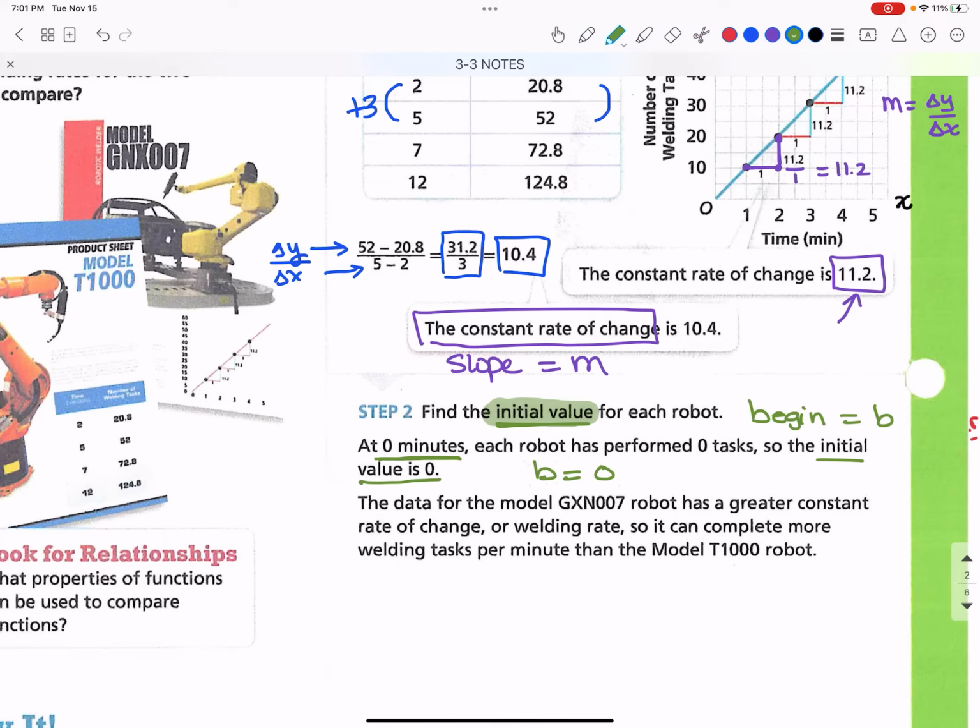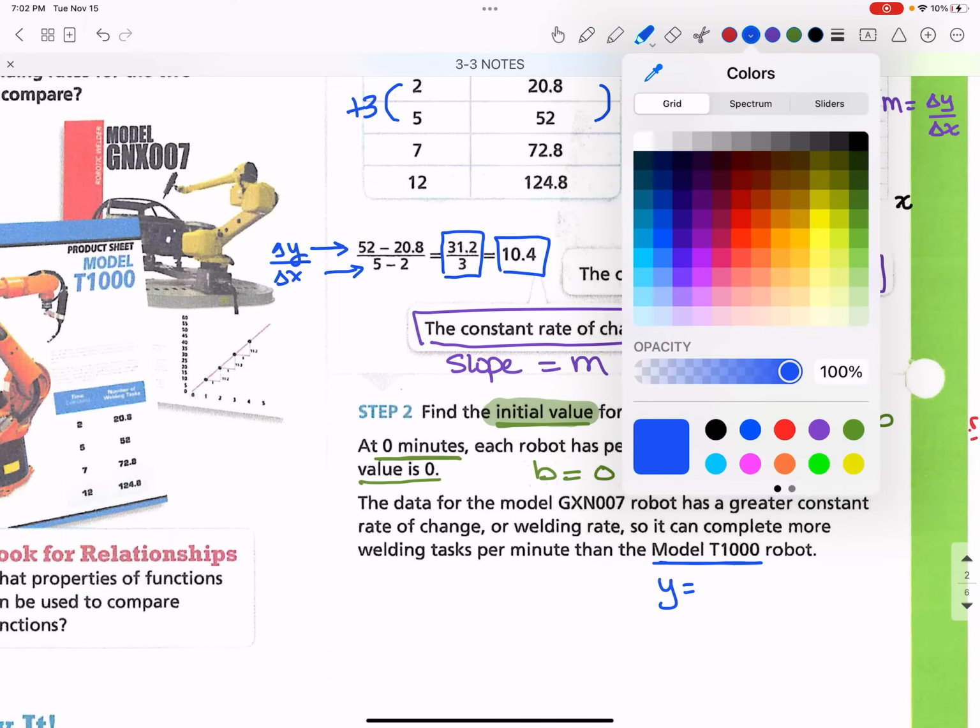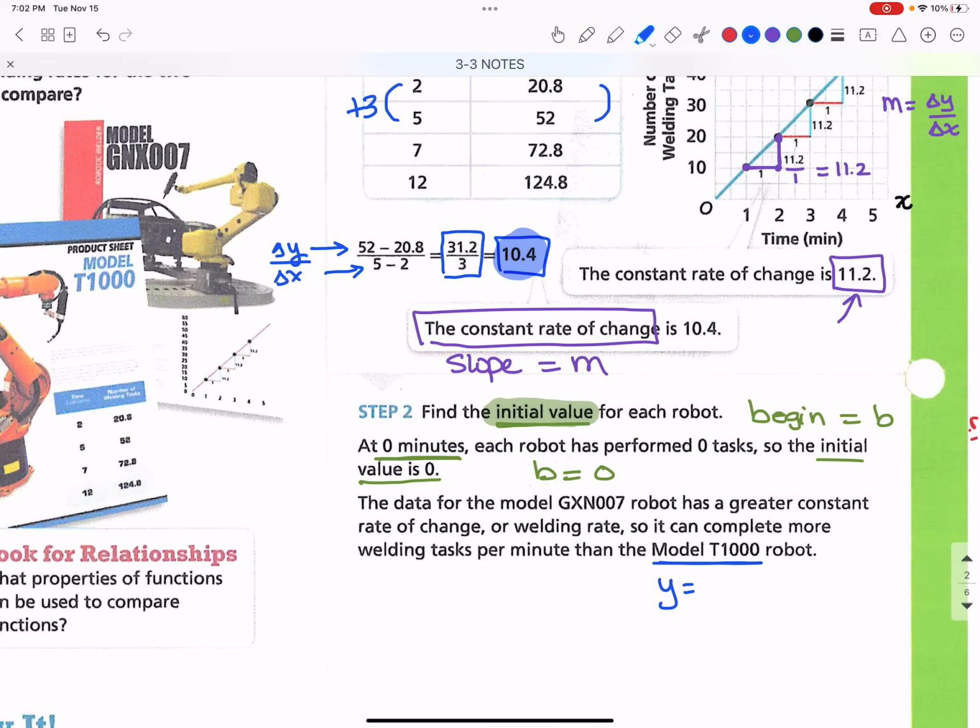And if we needed to write an equation for both of these, the equation for the T1000 would be y equals, and then right here is its M, or its rate of change, 10.4x, and then we've already said that both of them have a B of 0, so you can just put it there or leave it off.